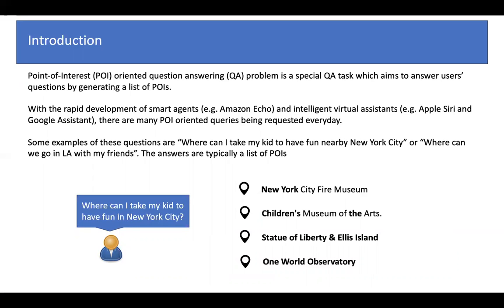Or where can we go in LA with my friends? The answers are typically a list of POIs. In this example, the answers are 4 POIs: New York City Fire Museum, Children's Museum of the Arts, Statue of Liberty, and One World Observatory.